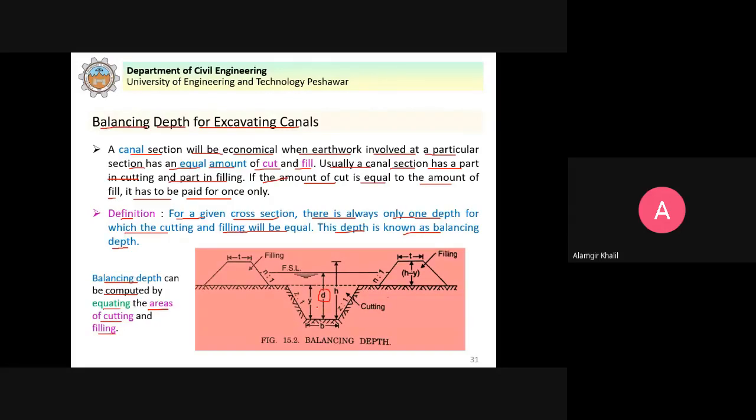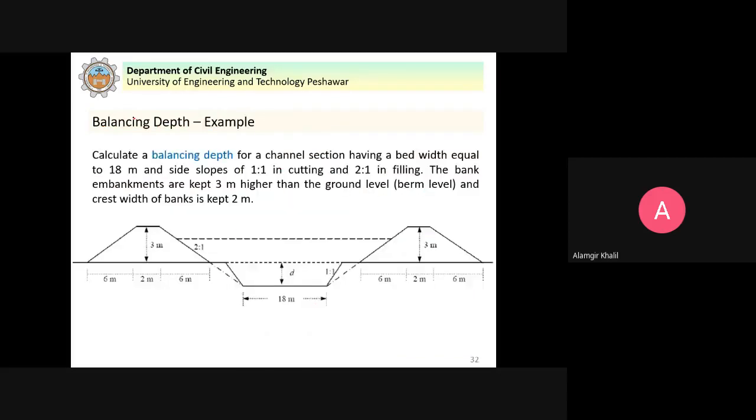This is required from an economy point of view, because if we have equal amounts of cutting and filling, the material removed in cutting will be used for filling. So we do not have to dispose of any extra material from cutting, or bring additional material for filling.